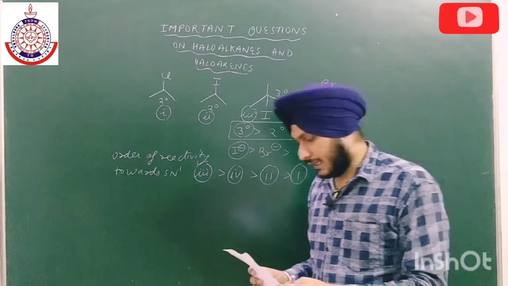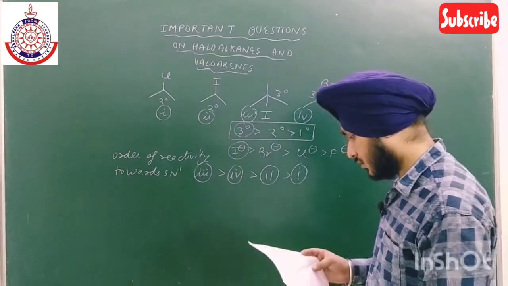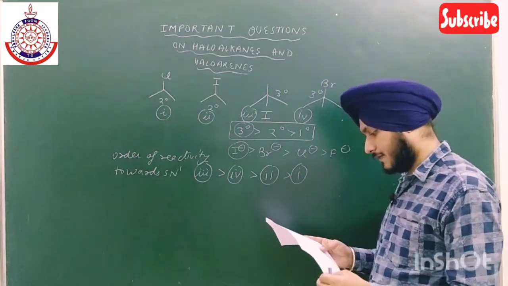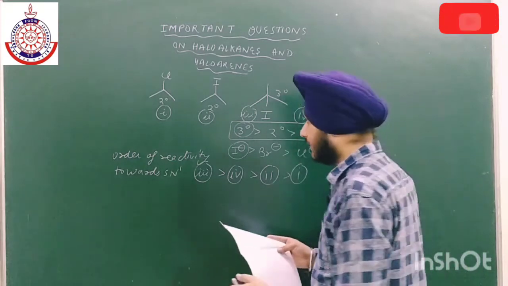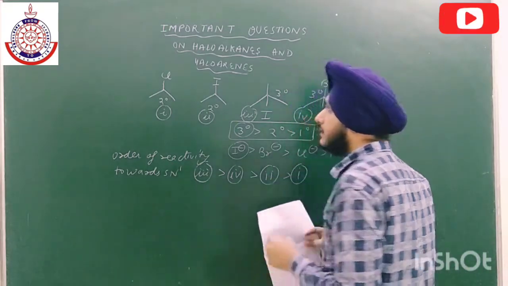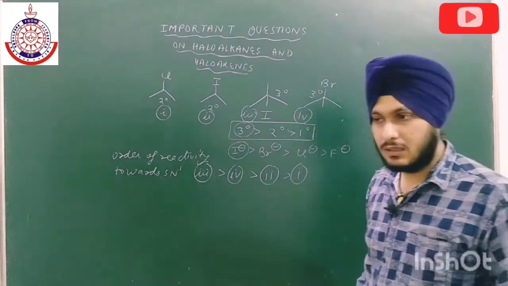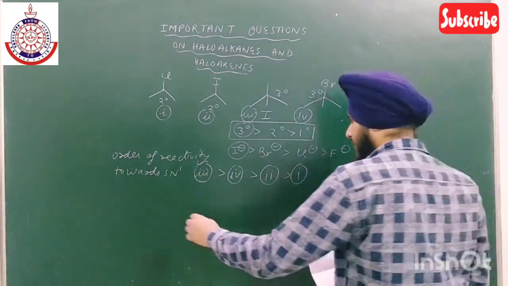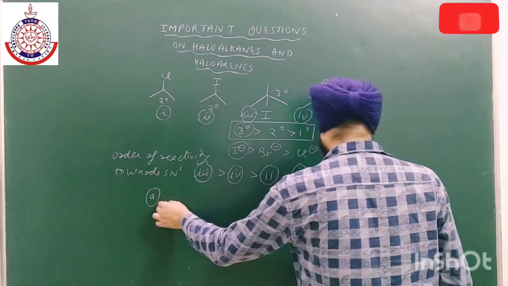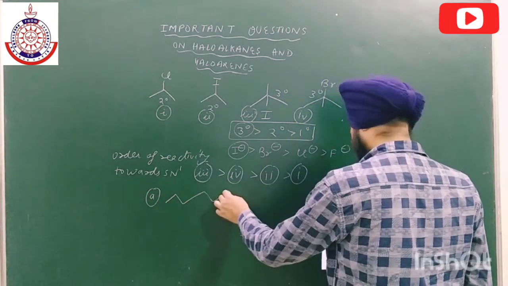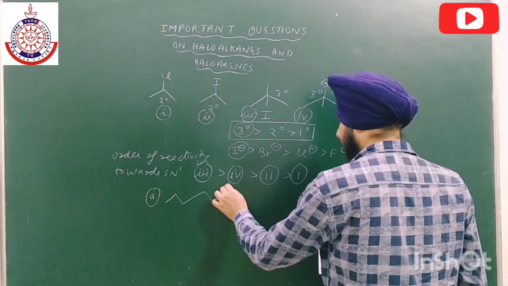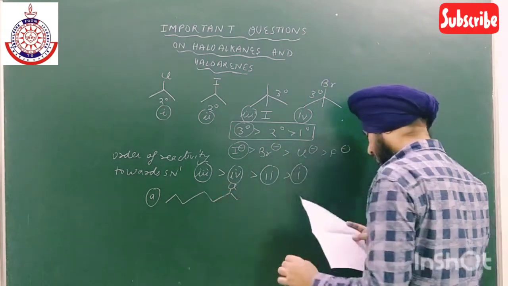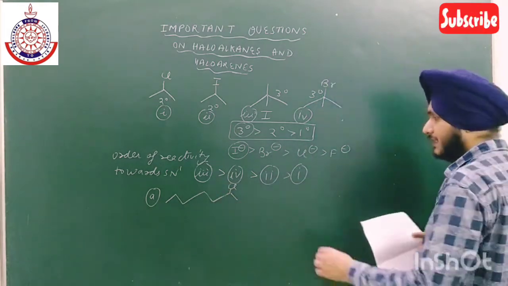So the next question is also on SN2. You have to arrange these compounds in reactivity order towards SN2. So this time I am taking SN2. These are the compounds. The first is, and this question was asked in CBSE 2010.